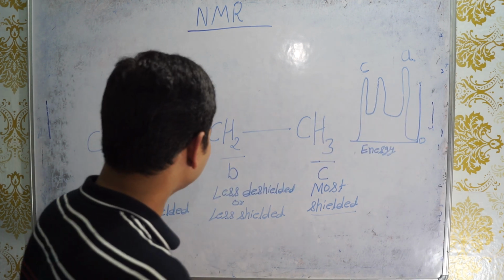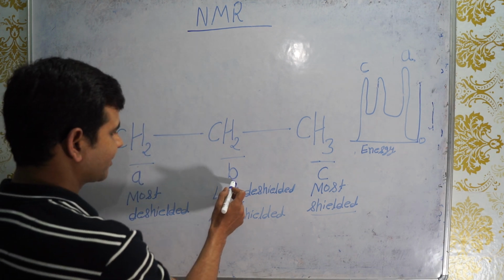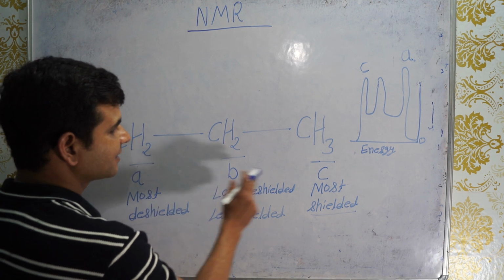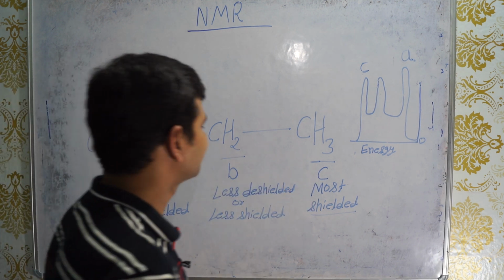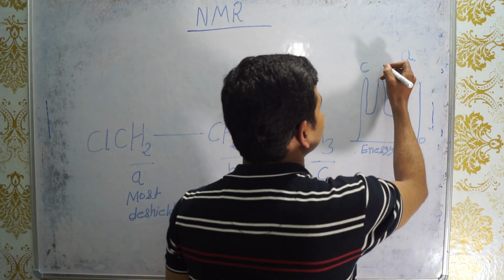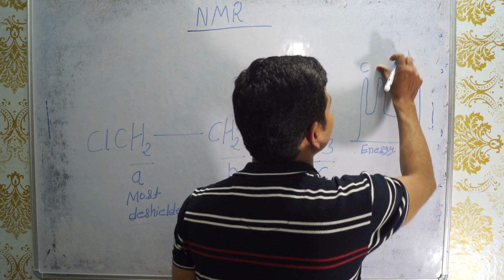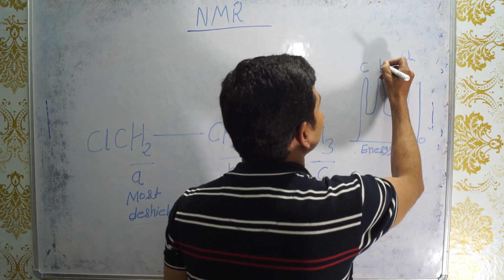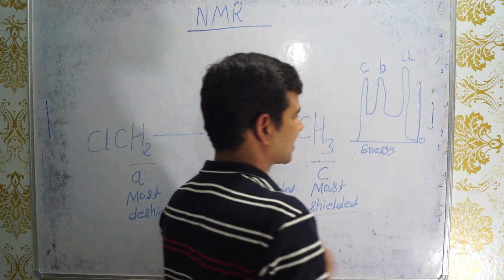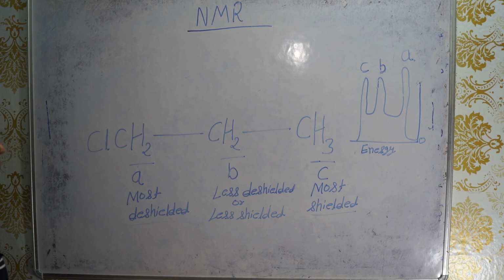Here we see that type B hydrogen atoms are in the middle of type A and type C hydrogen atoms. Therefore, this peak will represent type B hydrogen atoms. That's all about 1-chloropropane.